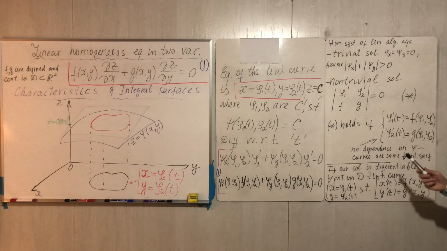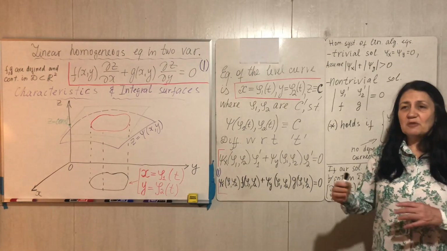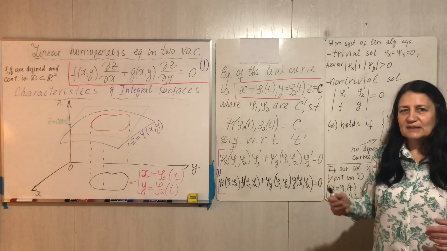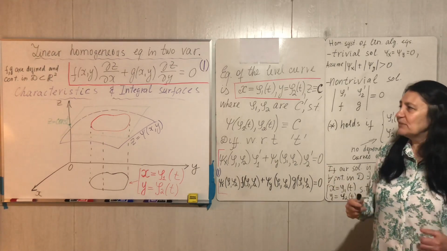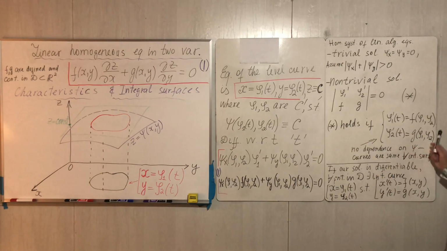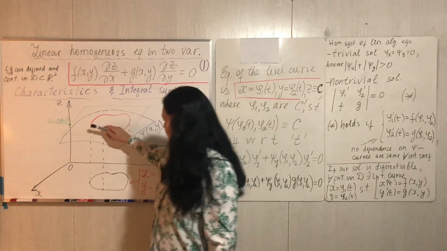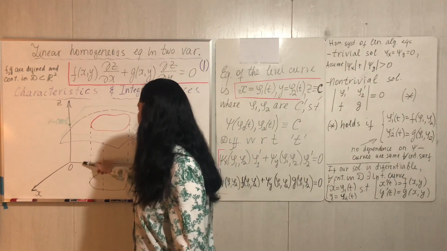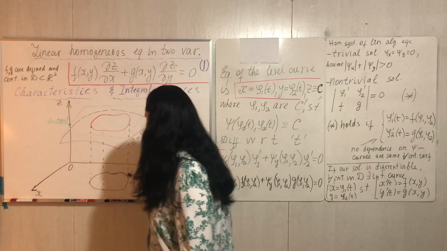So psi is one of our solutions, and if we take a different solution, say psi1, instead of psi, we will still get the same equations. We said that for this cylindrical surface, the projection would be the same.